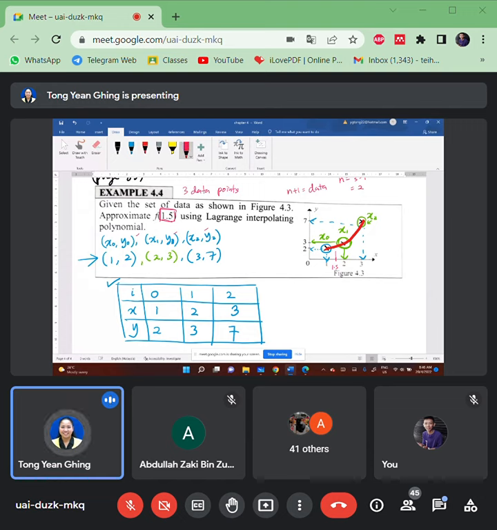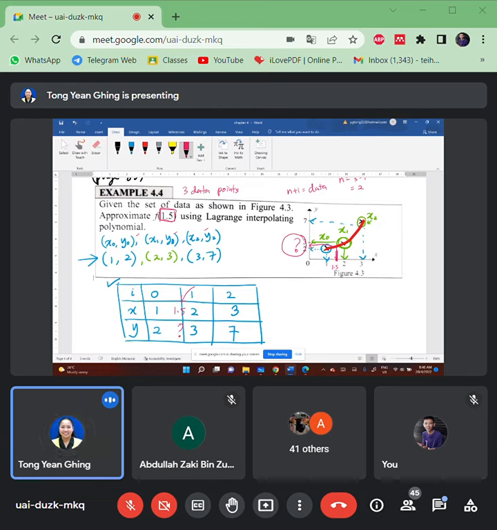Now I want to find at this point, going here, what is the value? So it means somewhere in the middle. 1.5 here, what value is here?